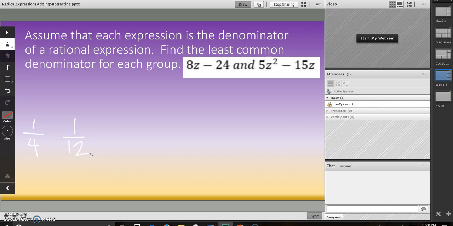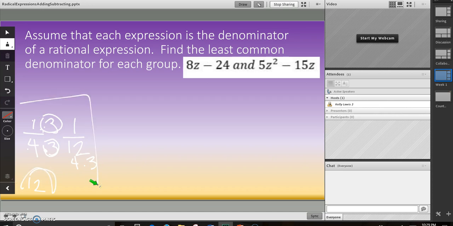I could do 4 times 12, or it's really easy for me to just make this 1/4 a 12, because I could do times 3. I could just multiply by what's missing from this guy, because 12 is really 4 times 3. And so the common denominator on this guy is just 12.